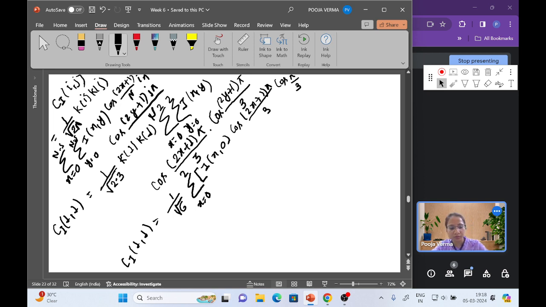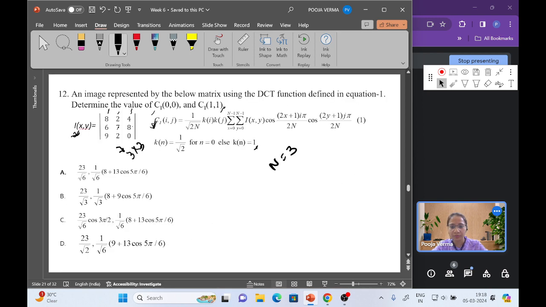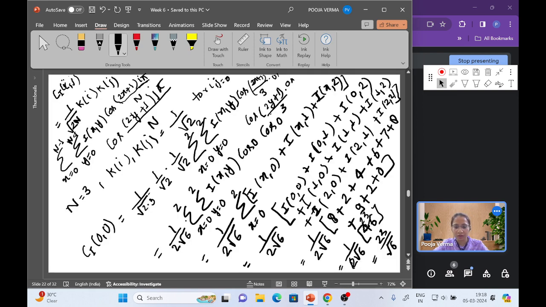Oh, just a minute. Here in the equation that is 2n, right? So here it will not affect because the whole part will be 0.